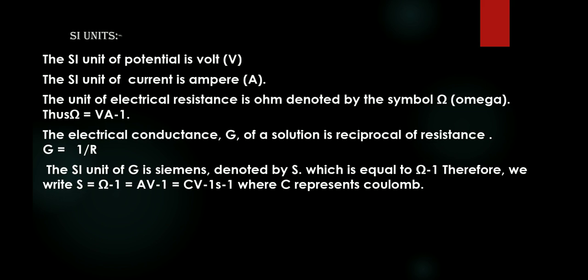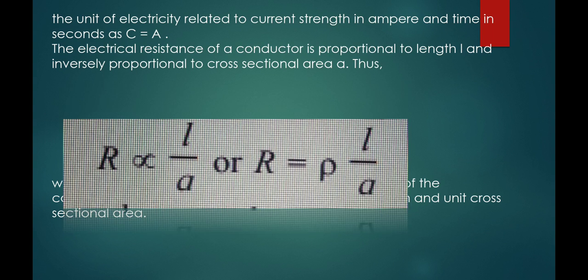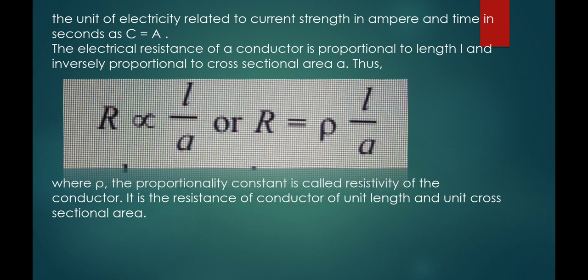Therefore, we write Siemens is equal to per ohm, or equal to ampere per volt. Otherwise, C per volt, where C represents coulomb. Now see here, the unit of electricity is related to current strength in ampere and time in second, as C is equal to A into s.